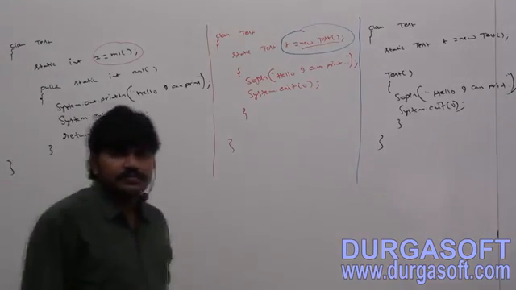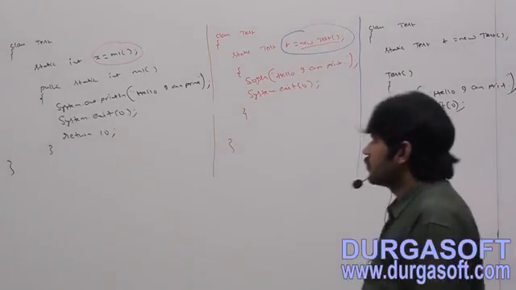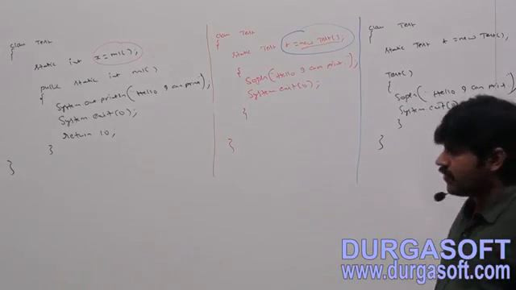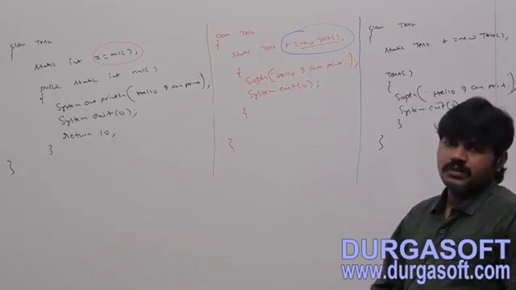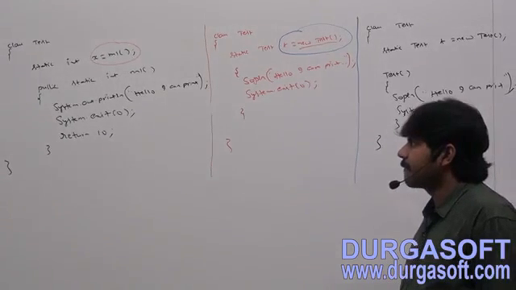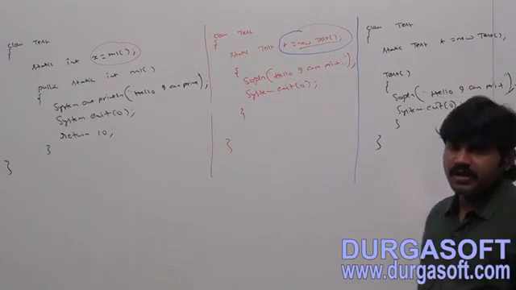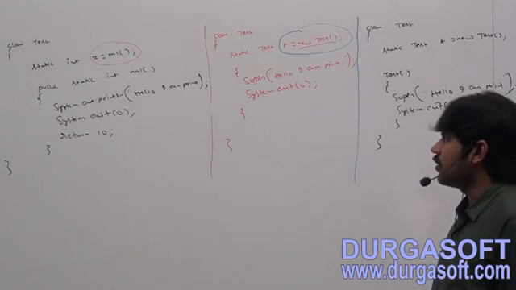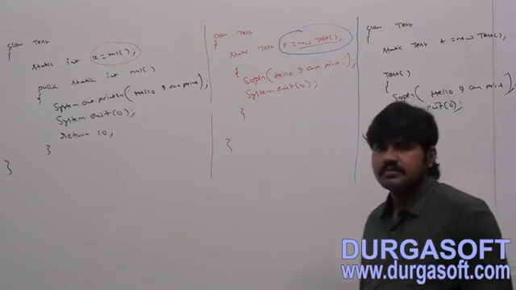Class test. Static int x is equal to m1. Next, public static int m1. System.out.println, hello, I can print.